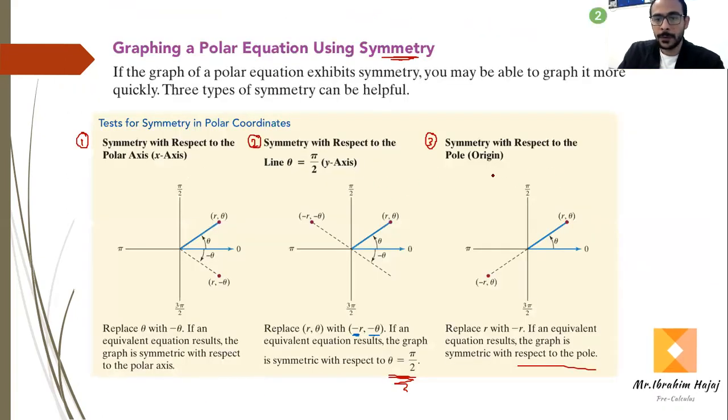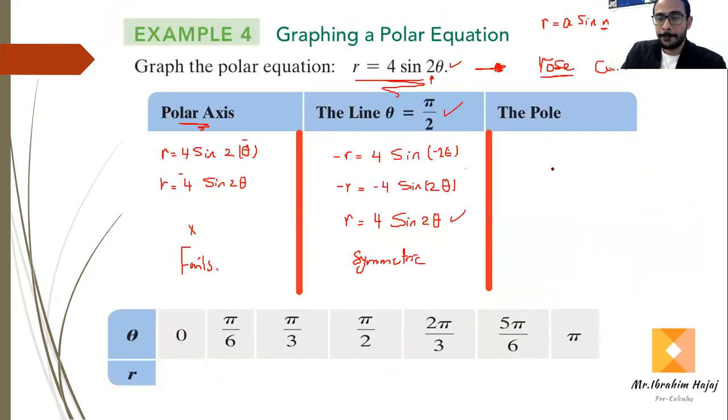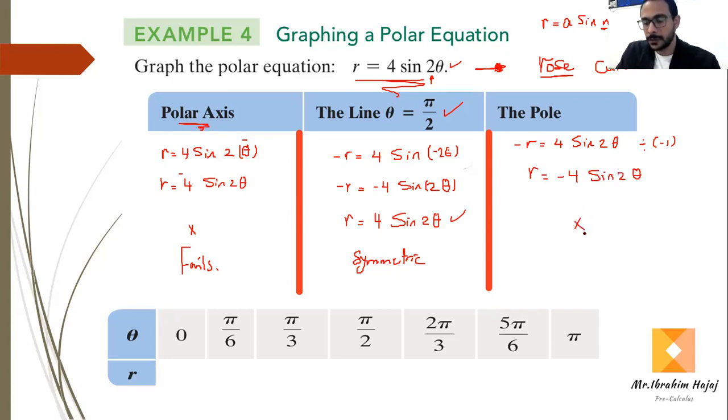We have to replace r with negative r only and keep theta the same. So negative r equals 4 sine 2 theta, and dividing by negative 1 gives r equals negative 4 sine 2 theta. It's not symmetric about the pole.